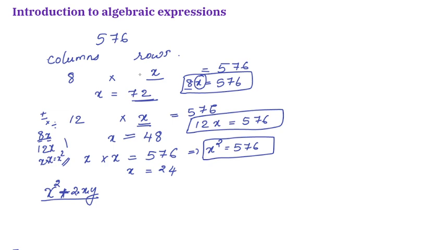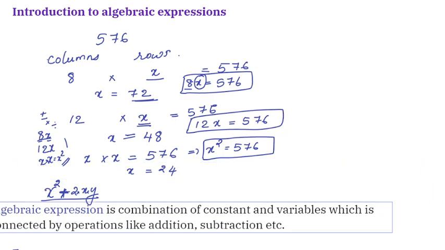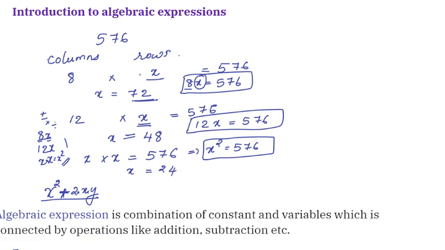So an algebraic expression is a combination of constants and variables connected by operations like addition, subtraction, etc.